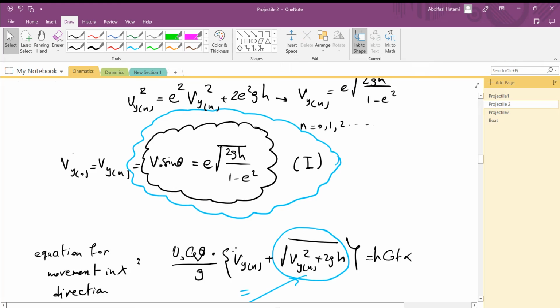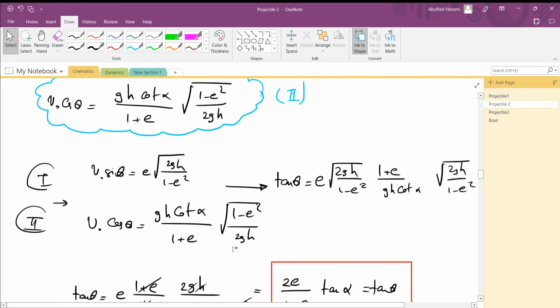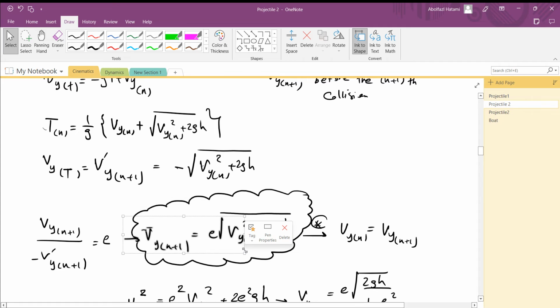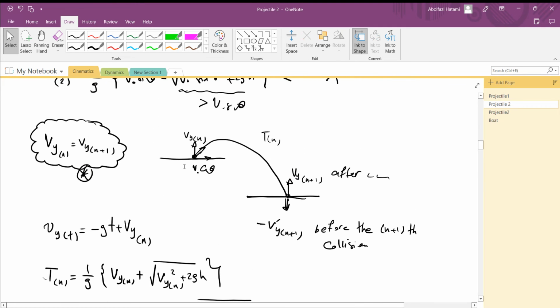motion equations. If you paid attention, we obtained this equation by considering that we have a vyn at the nth collision.